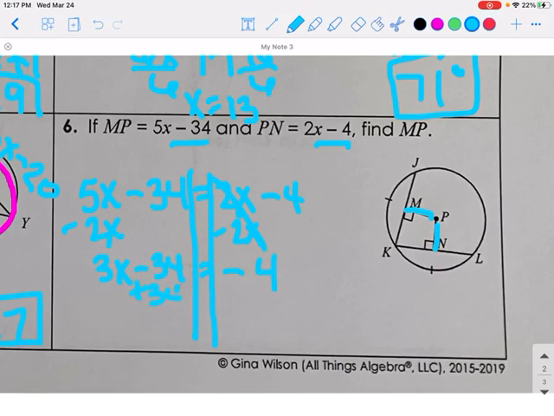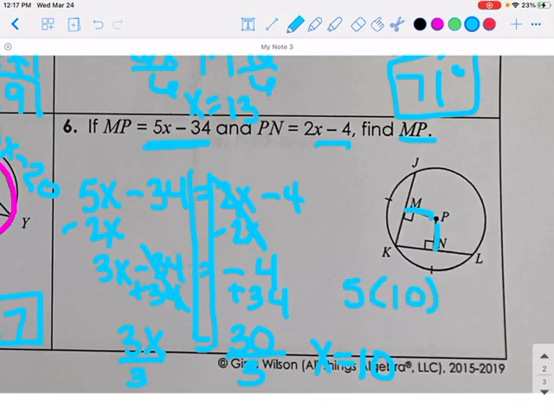And add 34. Make sure you get 30 here because we have a negative and a positive. And then we'll divide both sides by 3. x is going to be 10. However, they said find MP. So we're going to go back to MP right here and plug in 10. So 5 times 10 is 50. 50 minus 34 should get you 16 as your final answer.